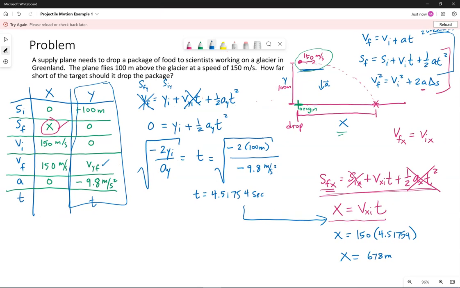Now, significant figures, this one's not particularly clear. The 100 is theoretically 1, and the 150 is 2 significant figures. So this would be approximately 700 meters in terms of going with the smallest number of significant figures. If these were exact, meaning the 100 was 3 significant figures and the 150 was 3 significant figures, then we would leave the answer as 678 meters.